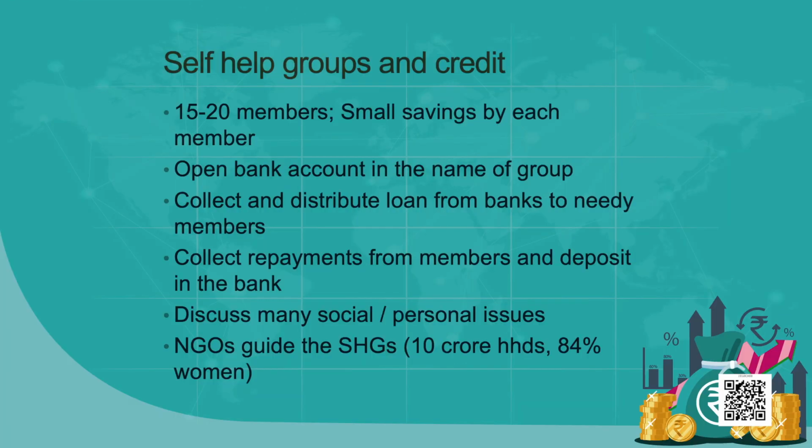The self-help groups also serve many purposes. I already told you that more than 80% of the members are women. In India, a study shows that about 10 crore families have membership with self-help groups, and 84% of them are women.